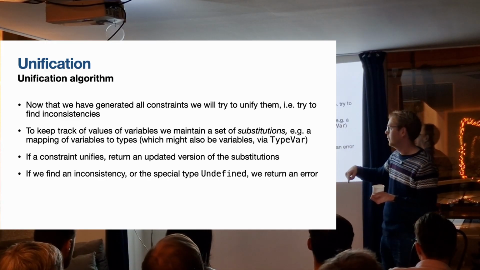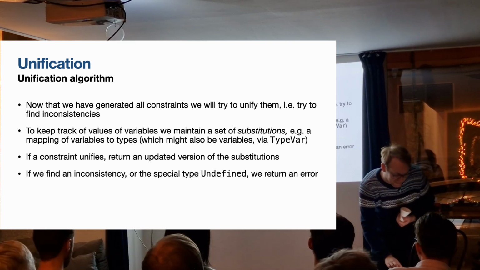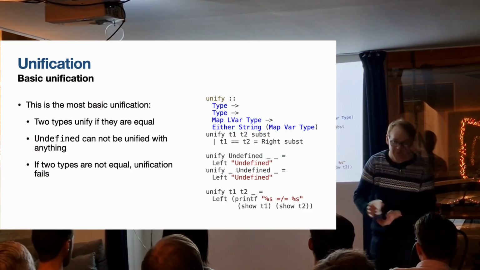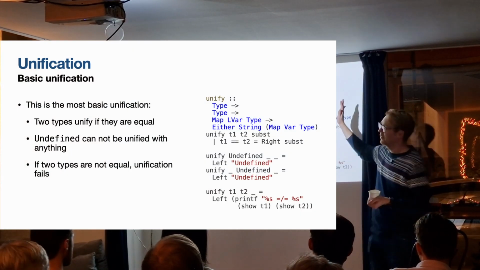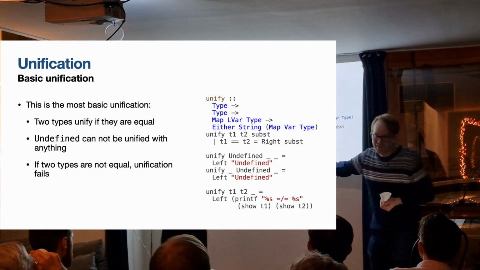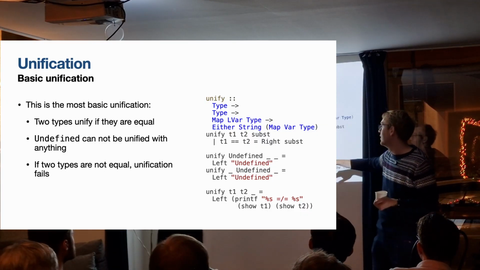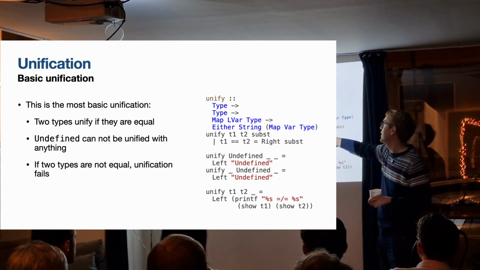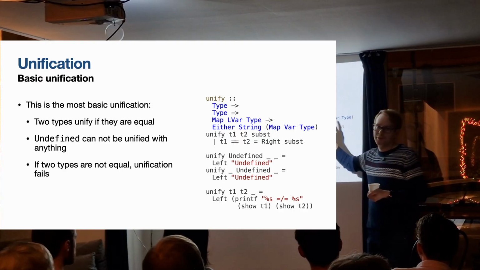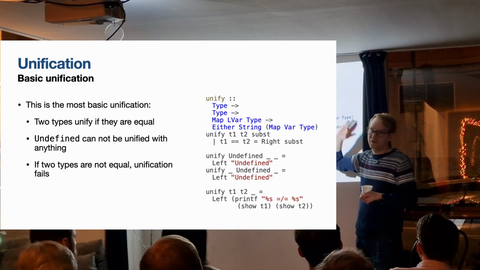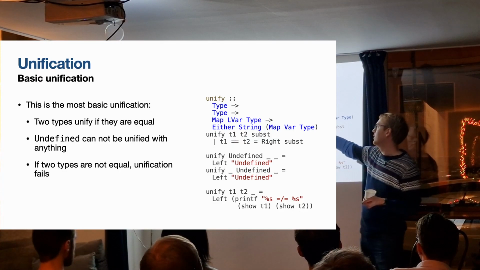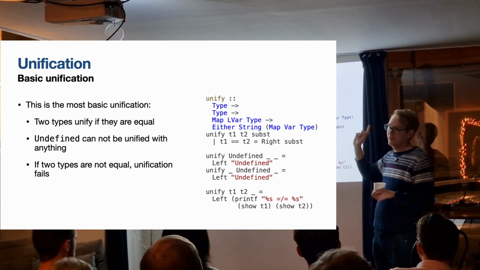And like I said before, I can show you the code. That's easier. Okay, so basically this is the most simple unification function. Like I said before, it takes two types and outputs this substitution map, which is a mapping of variables to types.